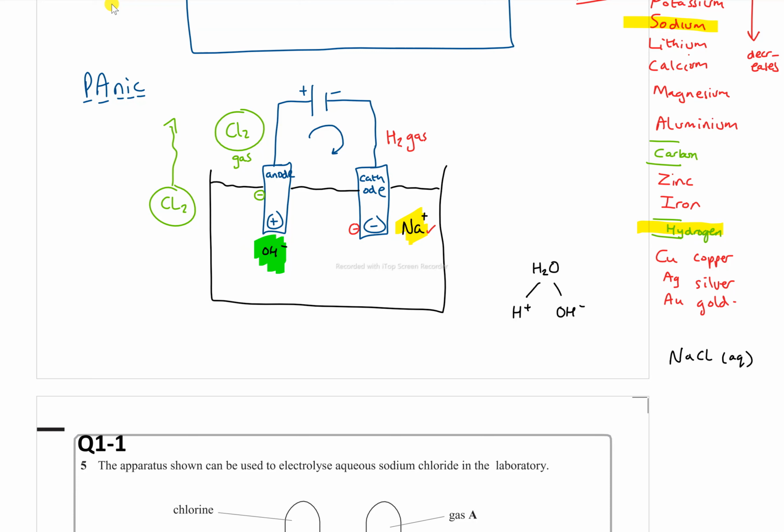So now what we've got is chlorine gas at the anode, hydrogen gas at the cathode, and we've got hydroxide ions floating about near the anode, and sodium ions at the cathode. So in the solution we've got sodium hydroxide solution.